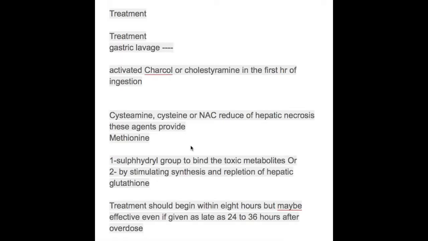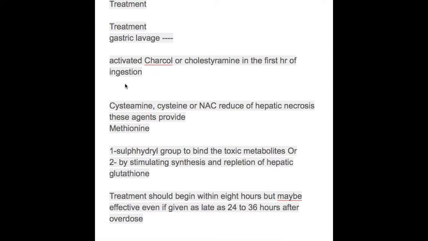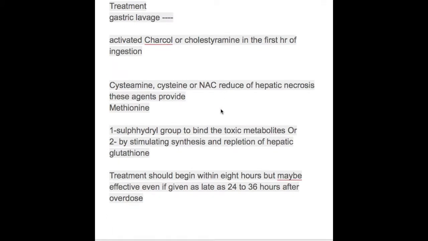The treatment of toxicity. Number 1, gastric lavage. Number 2, activated charcoal or cholestyramine in the first hour of ingestion. Charcoal does not inhibit the function of N-acetylcysteine. The third treatment is cysteine or N-acetylcysteine.